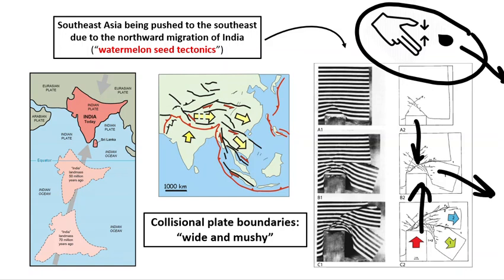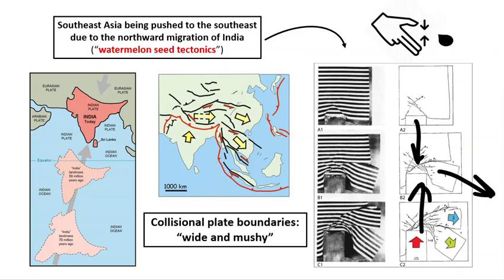It's getting shot sideways out of the plate boundary area as a result of this compressional stress. So yeah, all this is to say that continental collision zones can be quite complex, and they can be really wide and mushy when you get right down to it.